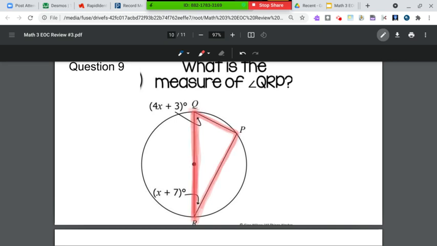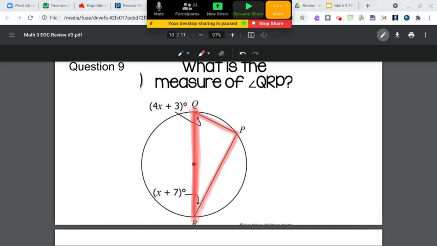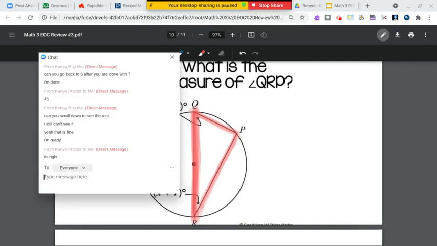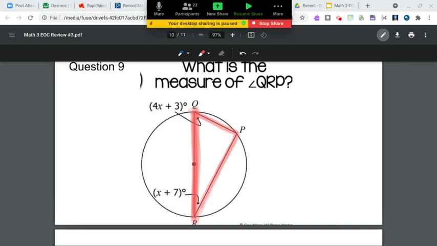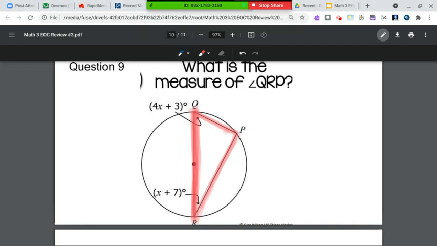QR is a side of the triangle that is also the diameter. So automatically, you should know and recognize that angle P is a right angle, 90 degrees. It does not tell us that it's 90 because there's no visual symbol there, but we need to know it.